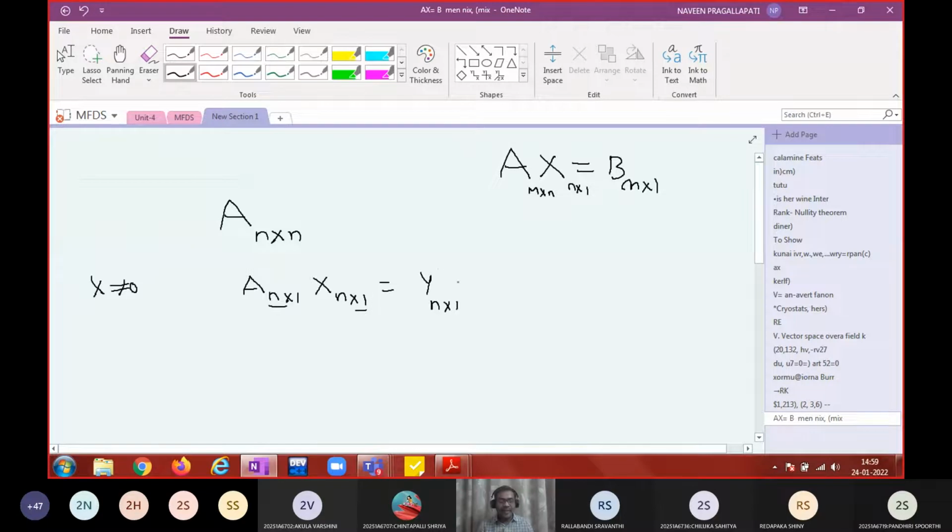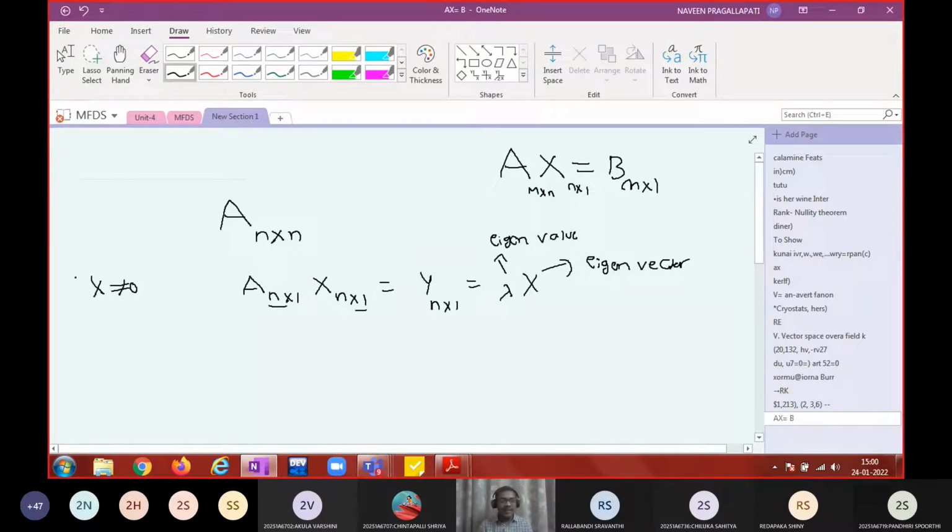If you can express this Y as a scalar multiple of the original vector X, we don't know whether that is possible or not every time. But if that is possible, if you can express the output vector as a multiple of the same vector, then we say this vector is eigenvector, and the corresponding scalar is called eigenvalue.